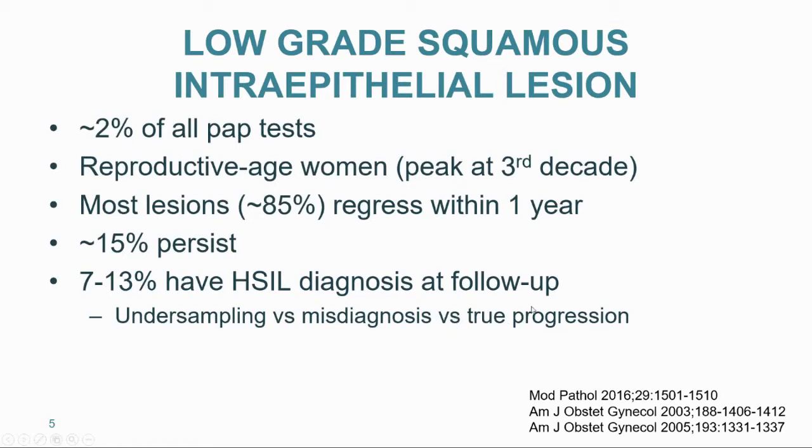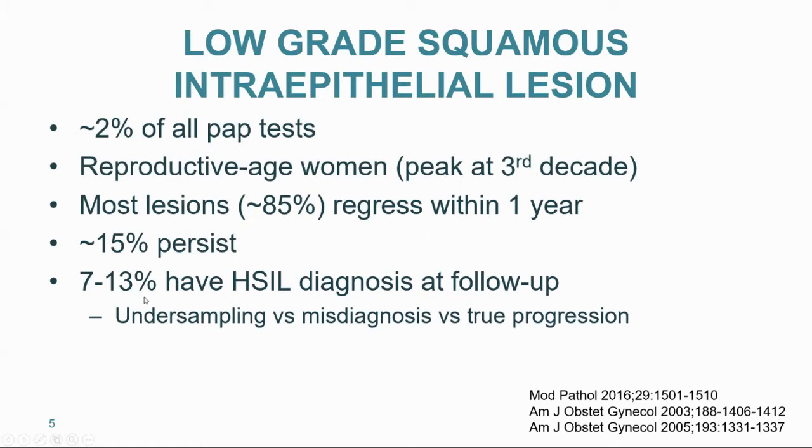Low-grade squamous intraepithelial lesions are relatively frequent, depending on the study and the population that you look at. They're prevalent in reproductive age women, usually peak around the third decade. We consider them low-grade because most lesions regress within 1 year and completely resolve. A smaller percentage, about 10–15%, will persist after 1 year of diagnosis.